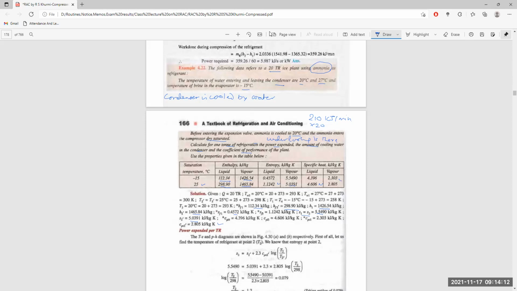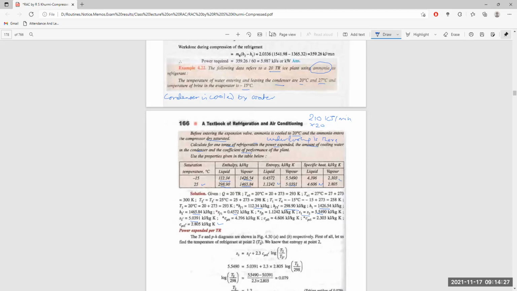All of them may not be required always. So first we have to find out the temperature at the exit of the compressor, which is T2 dash itself, which is T2.